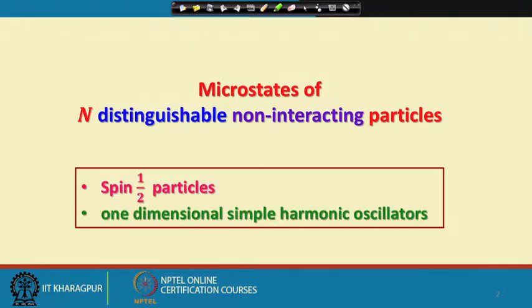In today's class, I am going to focus mainly on spin half particles, and later on we will also see what happens for similar discussions on one dimensional simple harmonic oscillators.